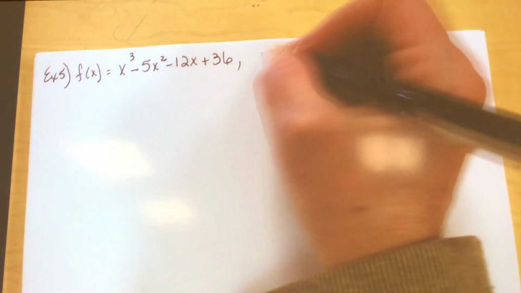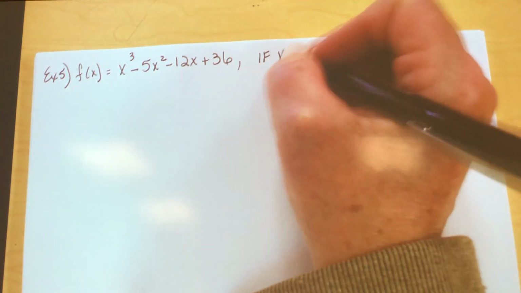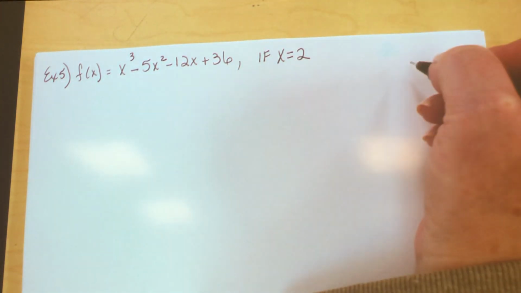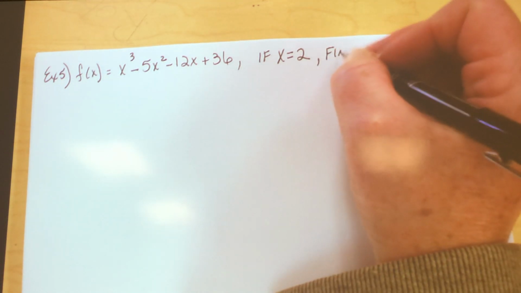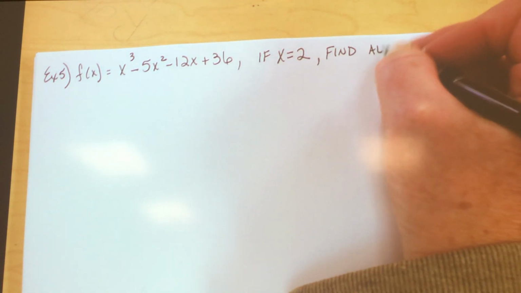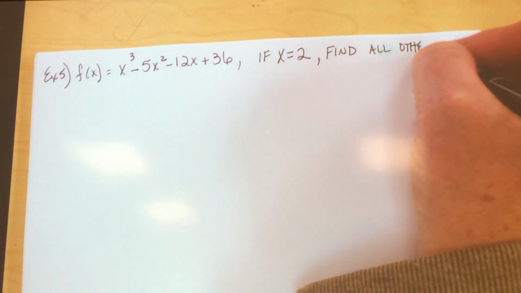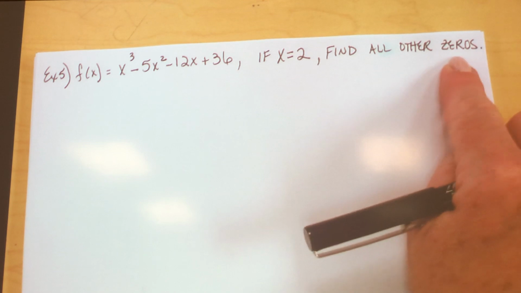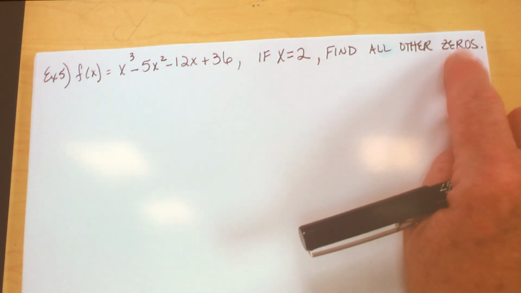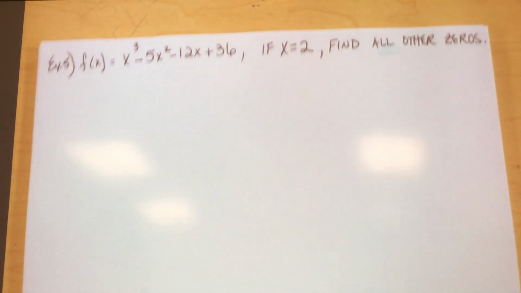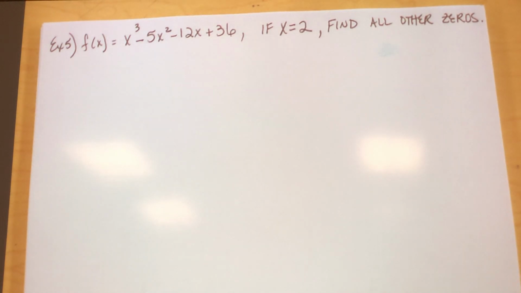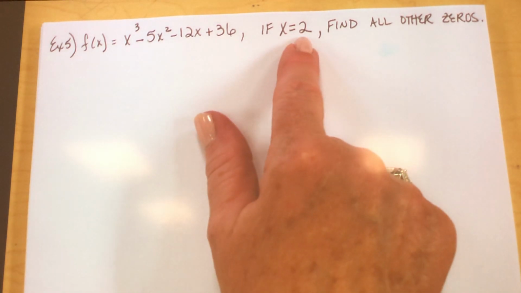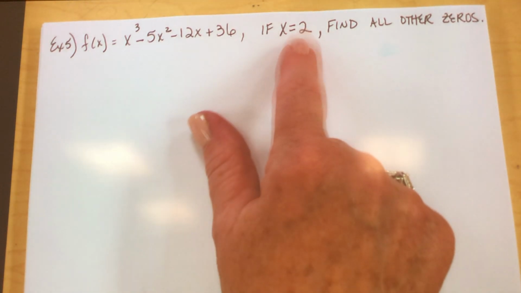So, if x is equal to 2, find all other zeros. What else could I have called them? Roots. What else? Solutions. Answers. X-intercepts. Okay? So, what are we going to do? We're going to do synthetic division, and we're gonna use this 2, because he is a root.